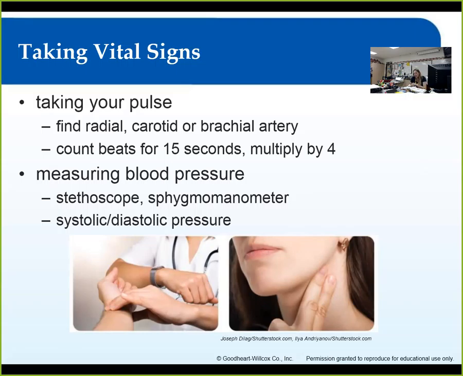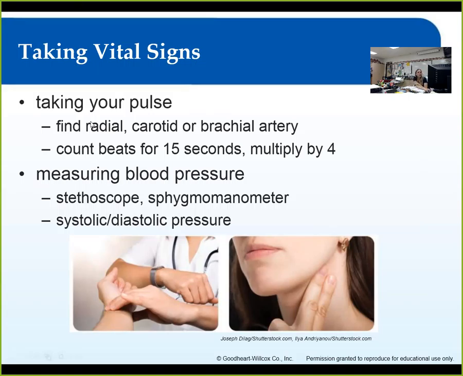Systolic blood pressure is the pressure on the arterial walls when the ventricles are contracting. Diastolic blood pressure is the lower number. You always see it written like 120/80. So the 120 there would be the systolic blood pressure. Diastolic would be the 80. That's when the ventricles are relaxed. How much pressure is left in the arteries? So that's what you're looking for.